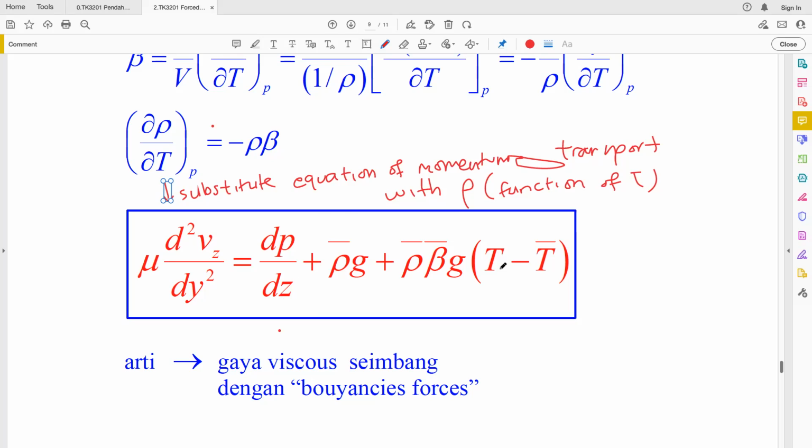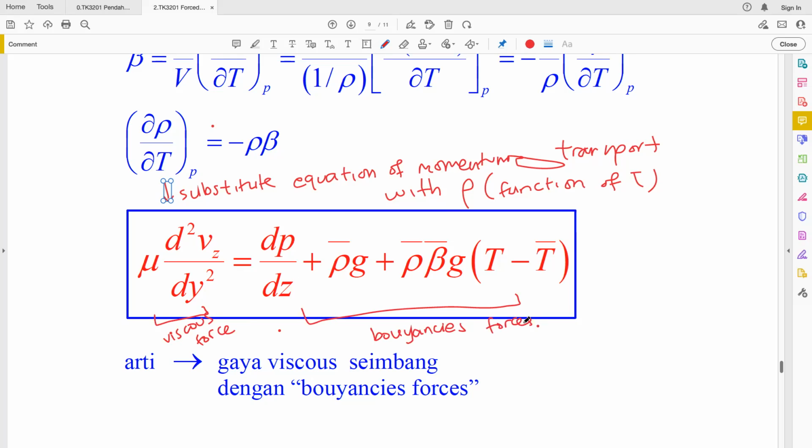This is because of the difference of temperature, so there will be some difference in density, and that difference of density will have a force, so the buoyancy force. So this is the viscous force, then this one is the buoyancy force.